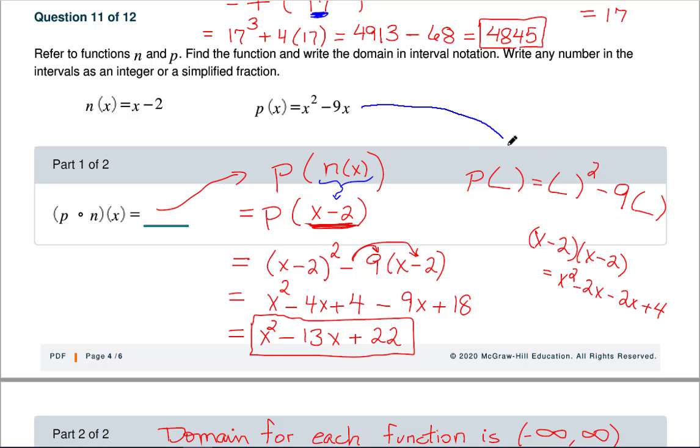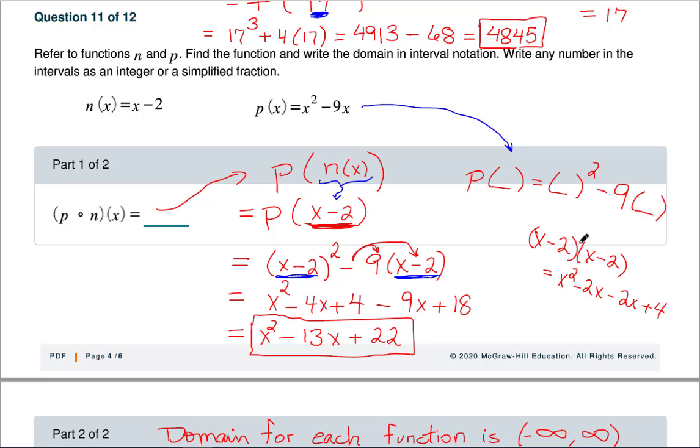So all I've done is taken the x's away and put in blanks, because then I can figure out, well, how does this x minus 2 get plugged in? I need to square it, and then minus 9x, and a minus 9 times a minus 2 is a plus 18.